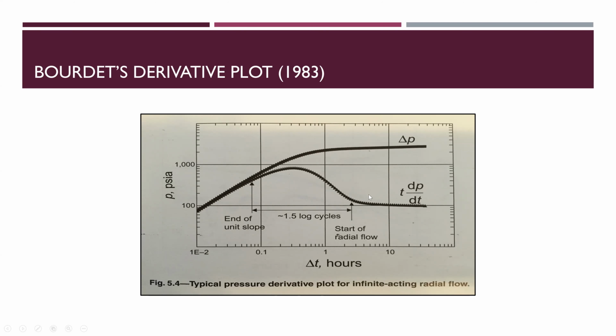In reality, all this period here gives me no reliable or accurate information related to the reservoir. So from this time on, we are anticipating to receive valuable information related to the reservoir based on the analysis that we can perform on the pressure data.